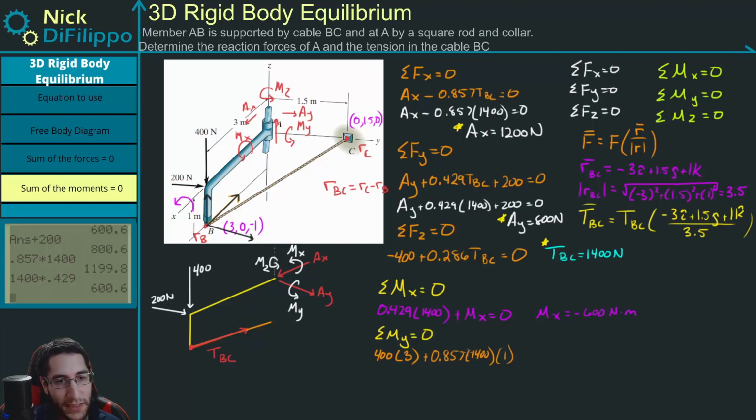So that's my x. My y component is going to be a minus, because if I rotate this, it will rotate tail first. And this component is 3 meters away, so it's going to be 0.286 times 1400 times 3.